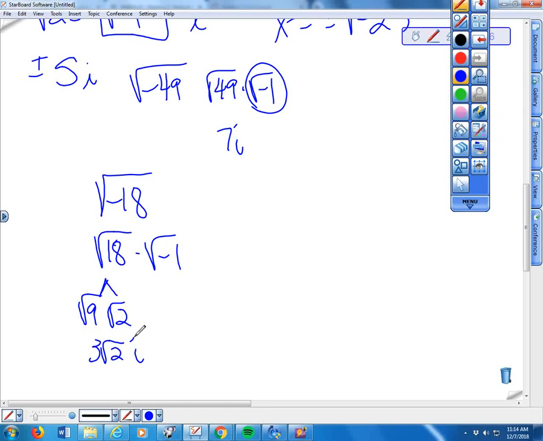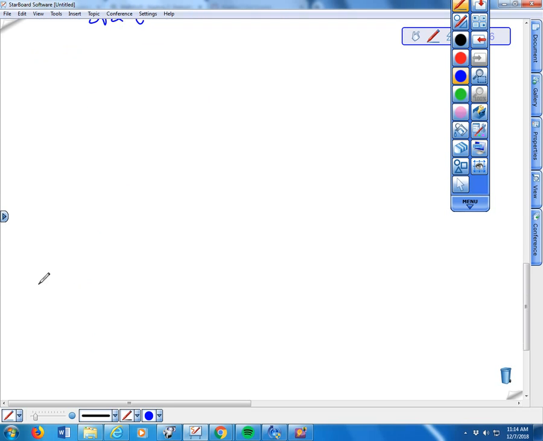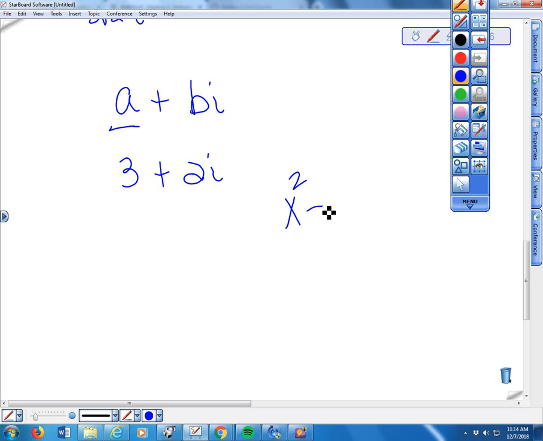Okay? Now, there's something called a complex number, which has two parts. A complex number has a real part and an imaginary part. An example might be this. How do I get a complex number? Well, what if I had this problem?